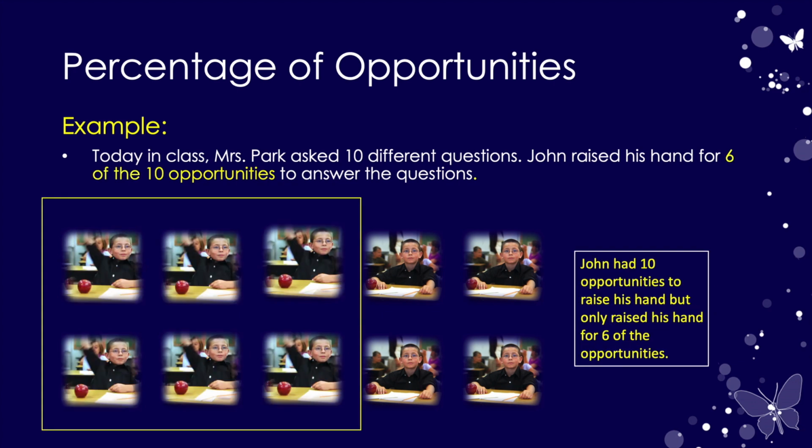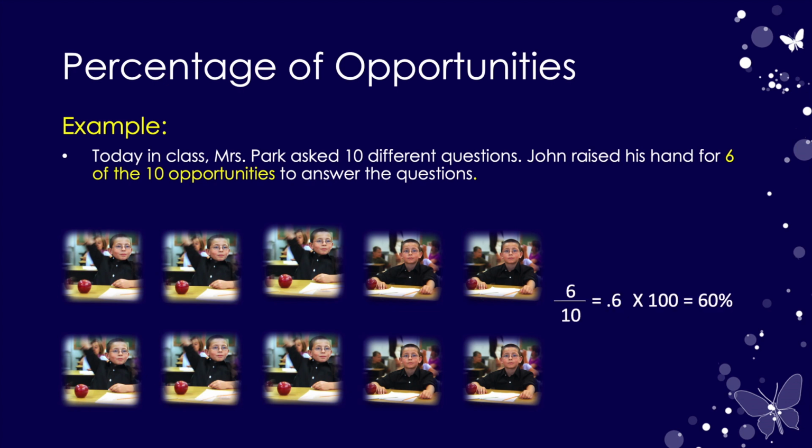Of those 10 opportunities, John only raised his hand in 6 of the opportunities. We would calculate the equation by dividing 6 by 10, which gives us 0.6, then multiplying 0.6 by 100, which gives us 60%. We would then say that John raised his hand in 60% of the opportunities.